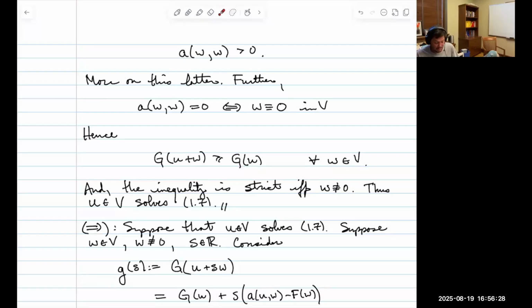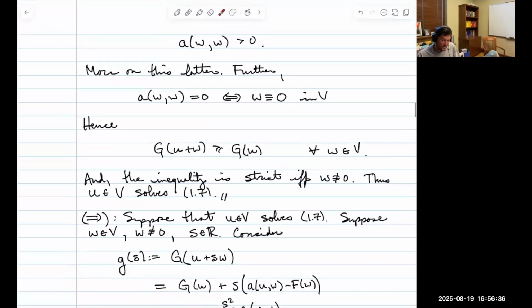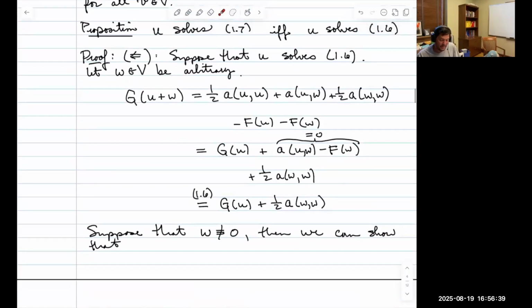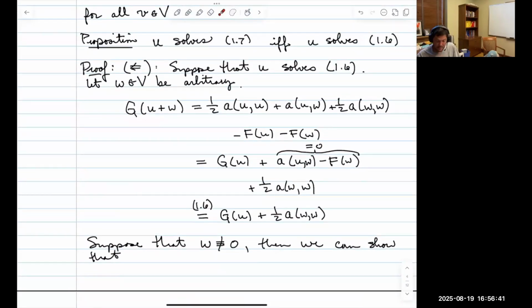That's exactly what we mean by a strict minimizer or a unique minimizer. So that direction is done. Of course, we still haven't shown that we have enough information to say that this has a solution. We're just supposing that it has a solution.